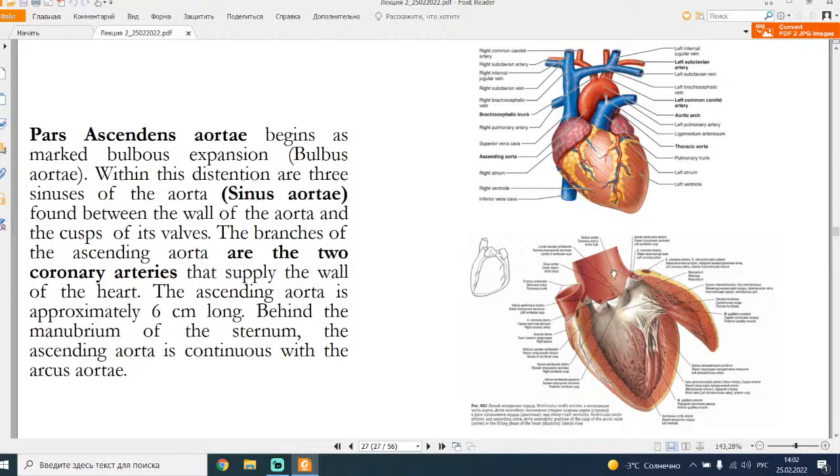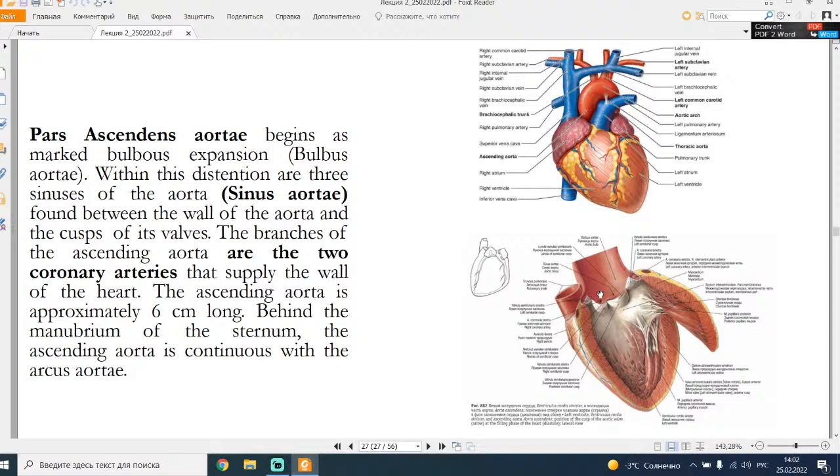Within the distension are three sinuses of the aorta, found between the wall of the aorta and the cusps of the valves.